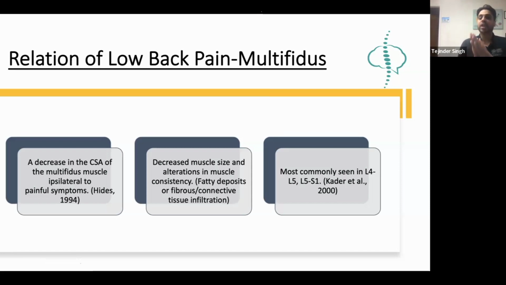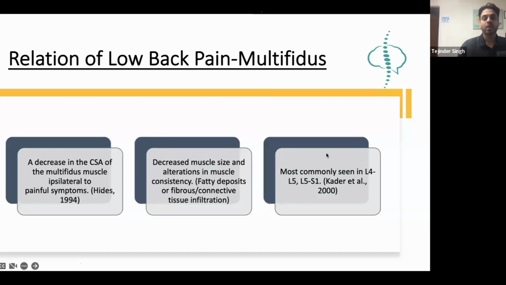Not just atrophy, but atrophy at that same segment, at that same site. So if I have right L5S1 facet arthropathy, I'm going to have atrophy of right L5S1 deep fibers of multifidus. So the problems are occurring segmentally, on the same side. That's what research says.